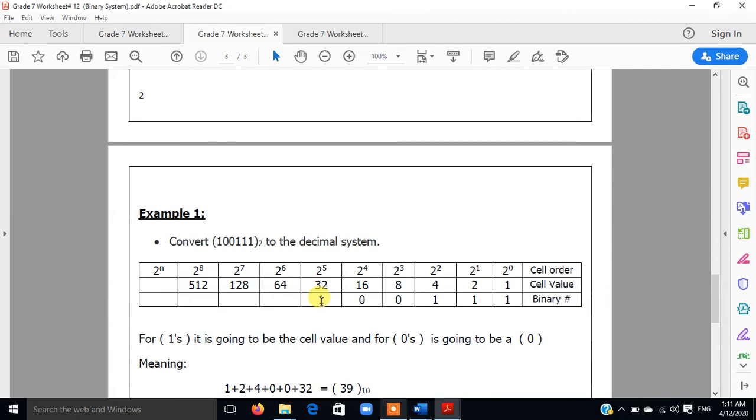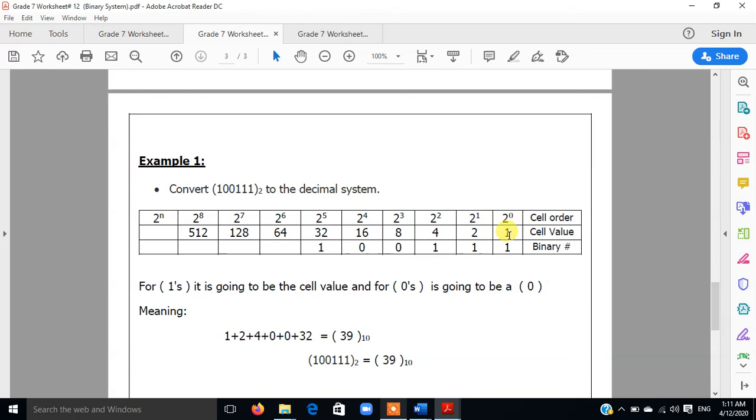If I have ones, I'm going to write the cell value. In case I have zeros, I'm going to neglect them, because any number multiplied by 0, the result will be 0. So for the first one, I have 1 here, so I'm going to take the cell value from the second row and write 1 here.